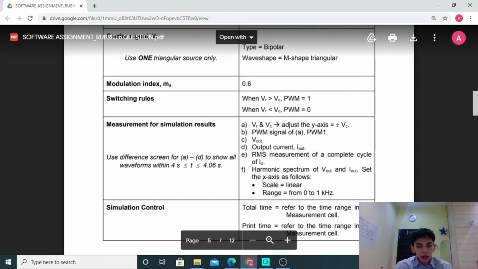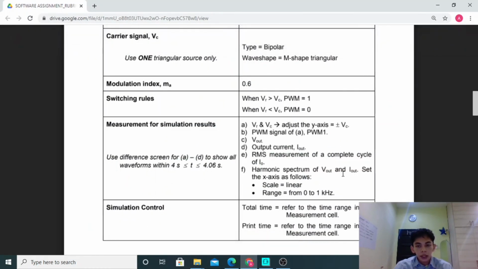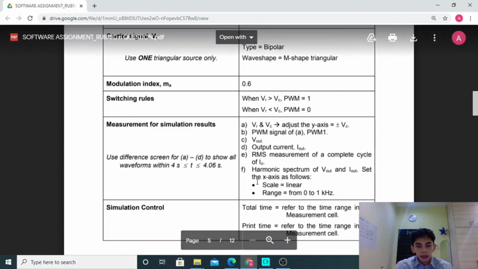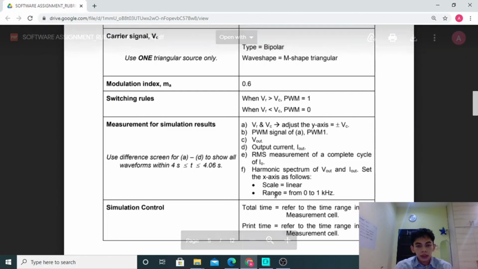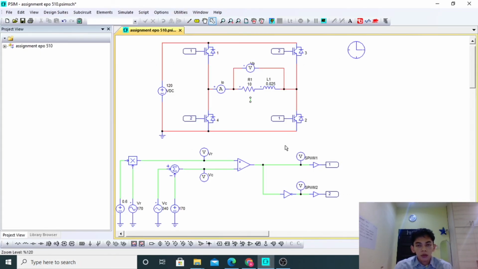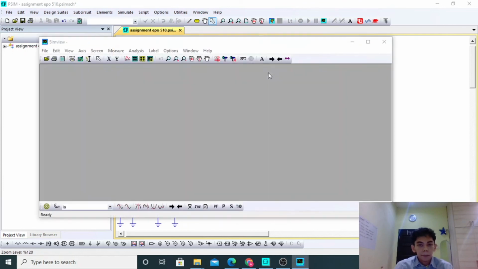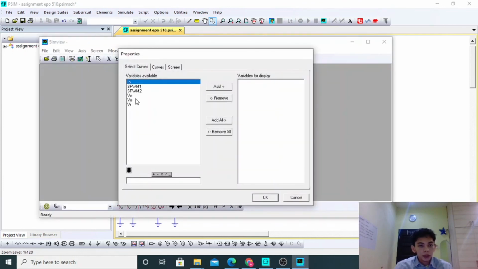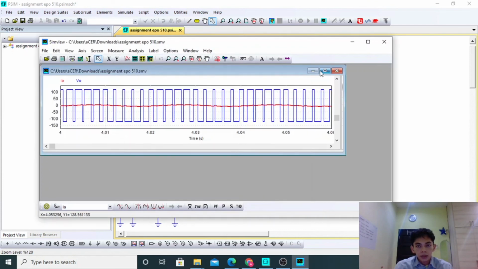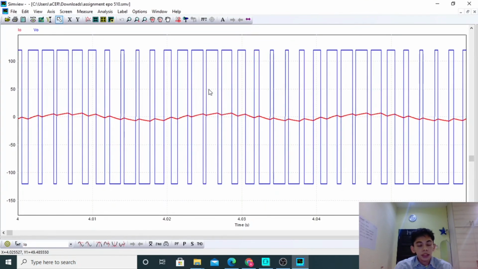So next is the harmonic spectrum of V out and I out. Set the x-axis as follows: scale is linear and range from 0 to 1 kilohertz. To do that, we again run the simulation, and we choose I naught and V naught, which is I out and V out. Here is the graph in the time domain, but we want it in the frequency domain or harmonic.